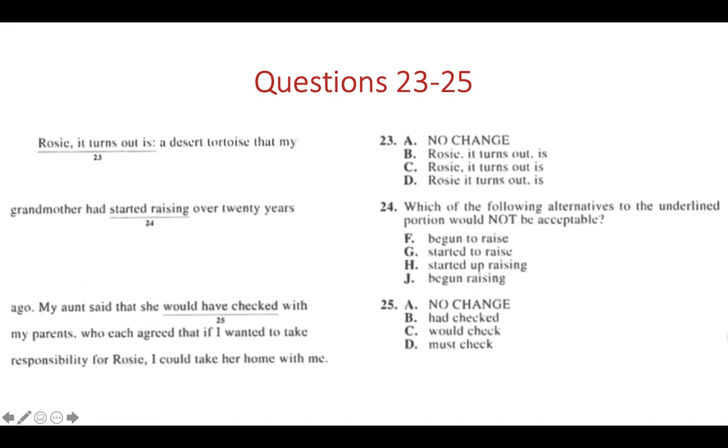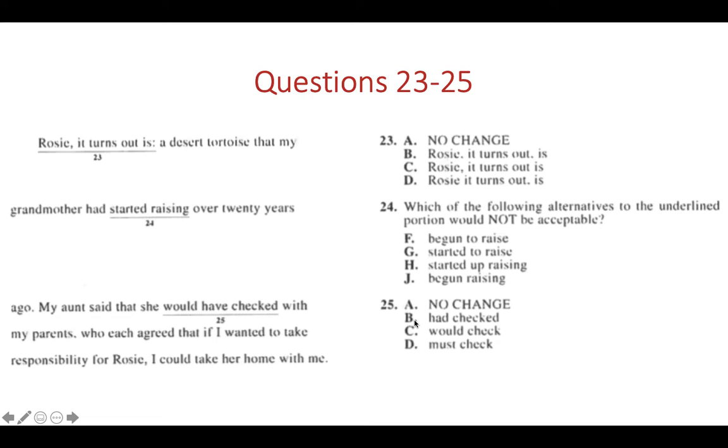25. My aunt said that she would have checked with my parents, who each agreed that if I wanted to take responsibility for Rosie, I could take her home with me. So this one's about tense, okay? My aunt said that she would have checked with my parents suggests she didn't, right? And we know she did because they agreed that if she would take responsibility for Rosie, the narrator could take her home. So that one's not correct.